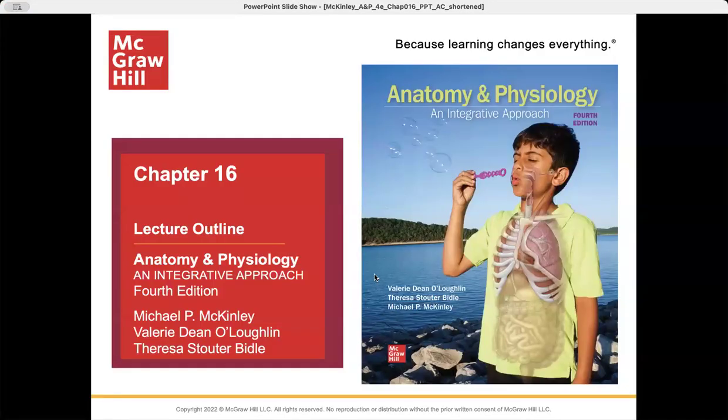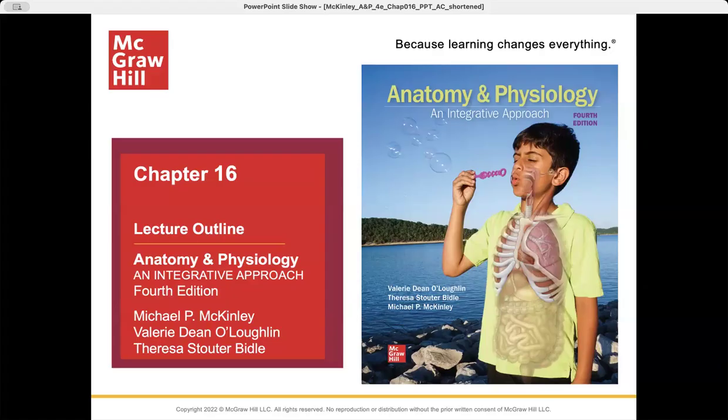So chapter 16 mostly involves receptors for what we call our general and special senses. We don't have time in this class to do special senses, but those are going to be your sense of vision, hearing, smell, and taste, associated with very specific structures in your head, like your eyes, your ears, your nose, and your mouth.